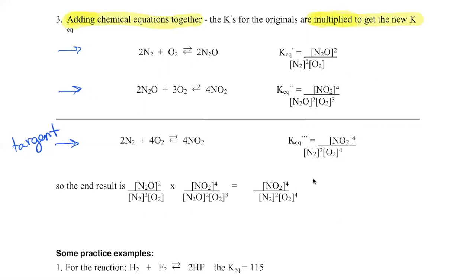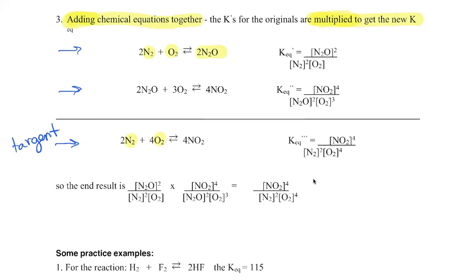So let's walk through it. For the first reaction, we've got 2N2 plus O2. Those species we're seeing in our target, so that's good. But the last one, this N2O, is not part of our target equation. So we're going to want to see how that disappears.